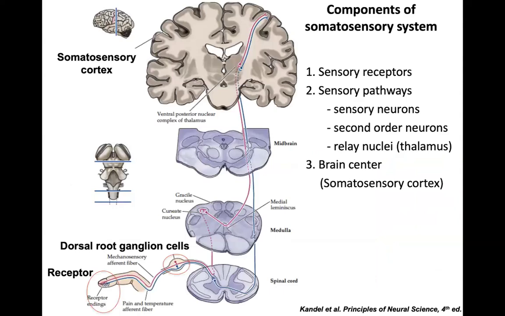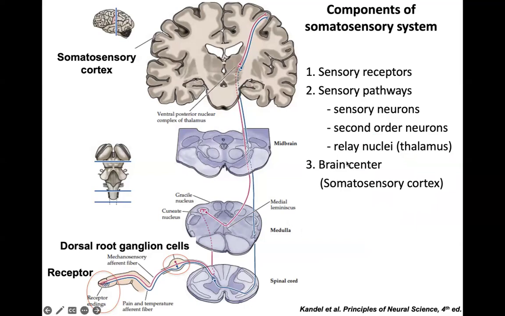So we started talking about the somatosensory system, which is the system that you use to detect sensation from the body. Now when you think about the body, it can be skin, it can be muscle, or internal organ as well, or even joint. So you have sensation.